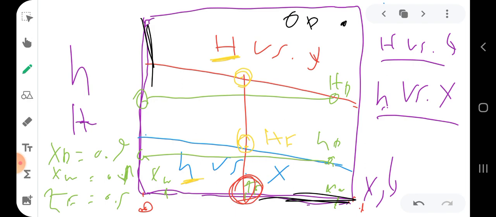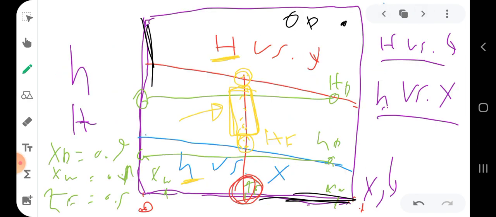If I have saturated mixture, my point will be somewhere in this rectangle, or in this line. So if I have saturated liquid, it will be down. If I have saturated vapor, it will be up. If I have saturated mixture feed, it will be in between. So how can I determine the exact place of my feed point if I have saturated mixture?